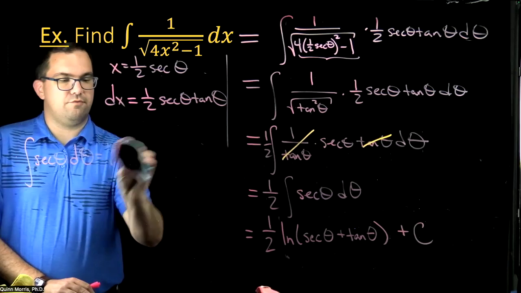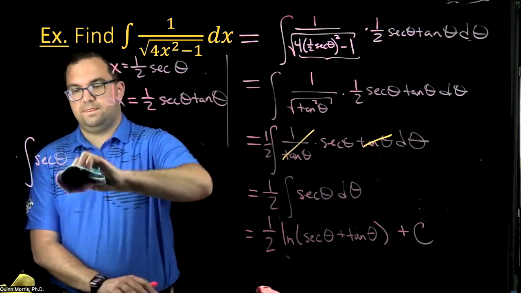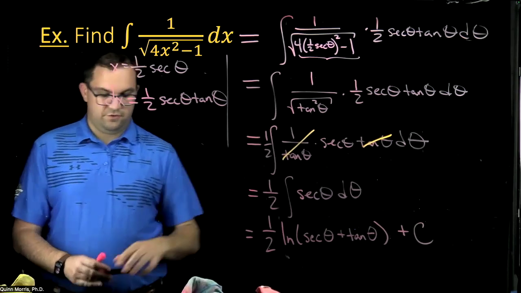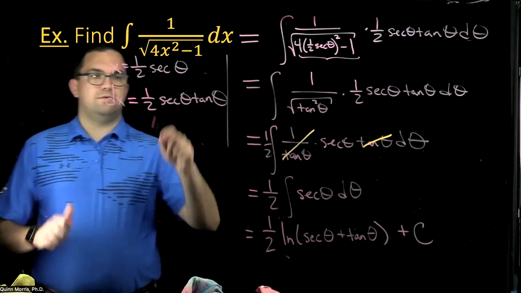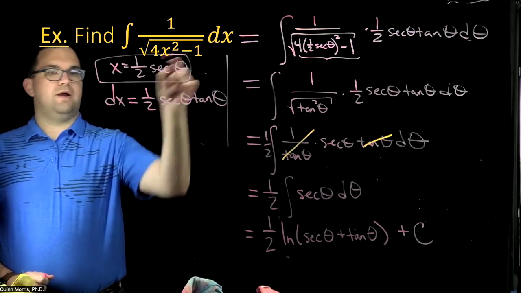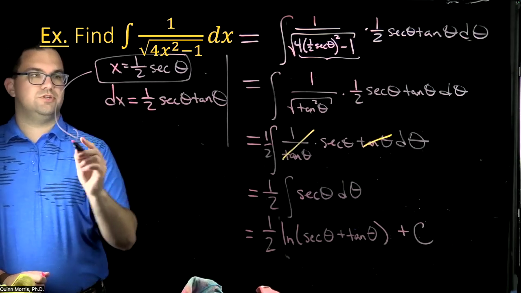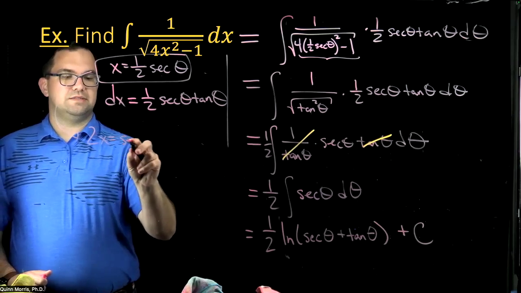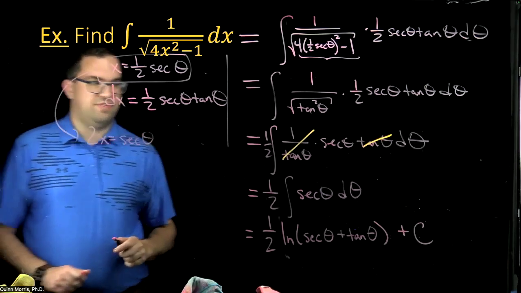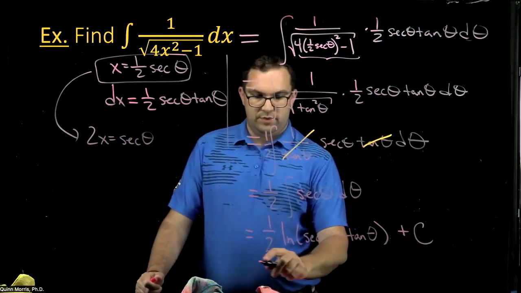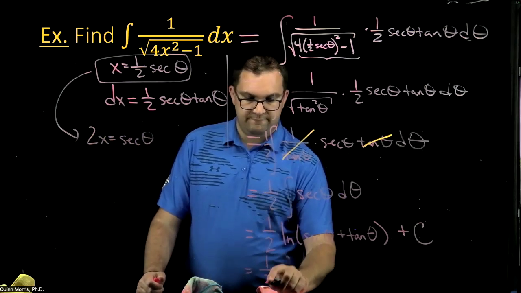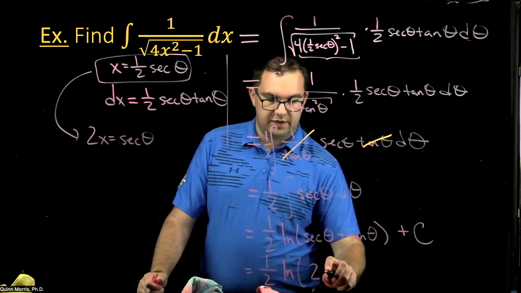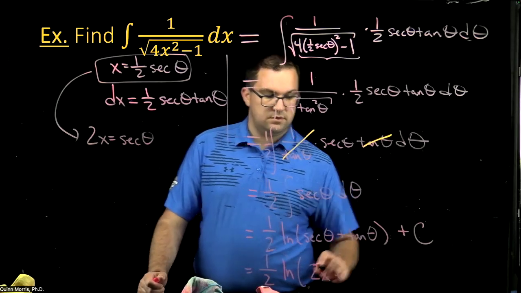So now, to create our reference triangle, well, we need first secant of theta. That one actually doesn't require a reference triangle. Starting from our original substitution, multiplying both sides by 2, we see that 2x is equal to secant of theta. And so we can just substitute that in. The secant of theta will be 2x.